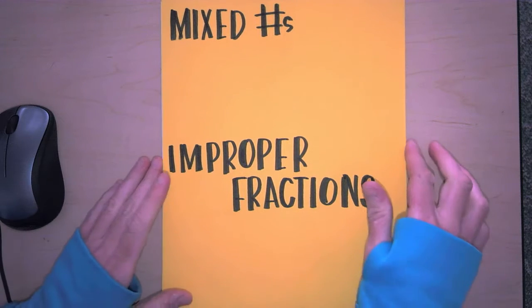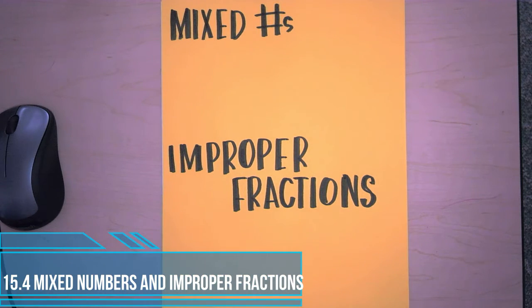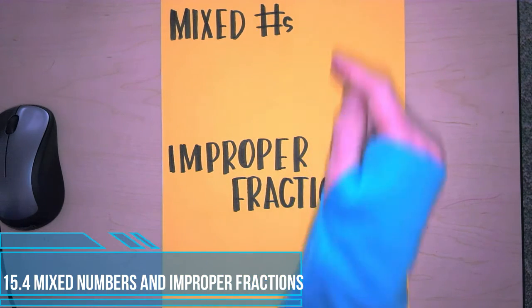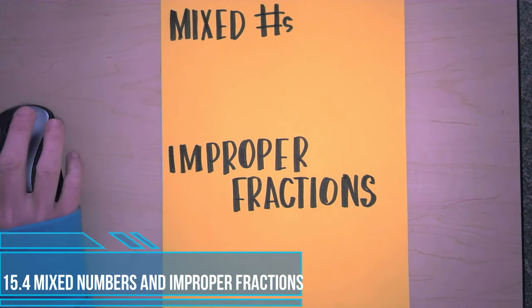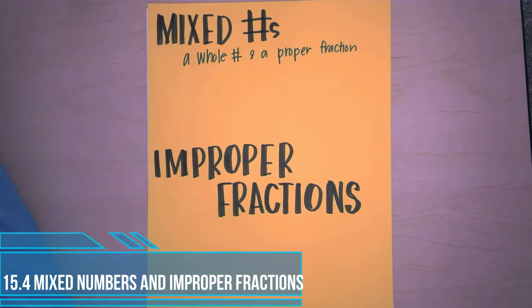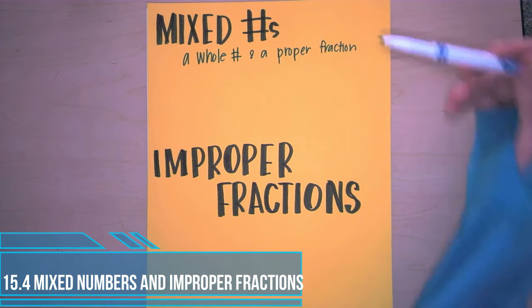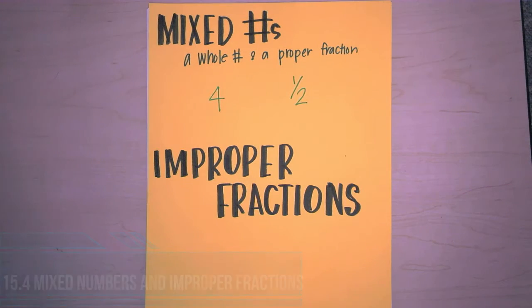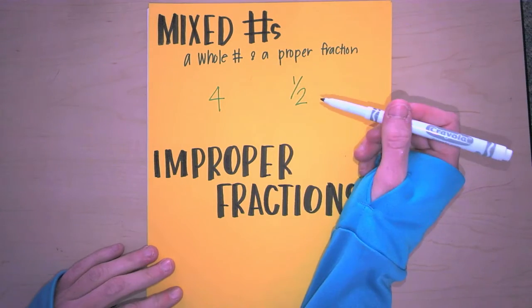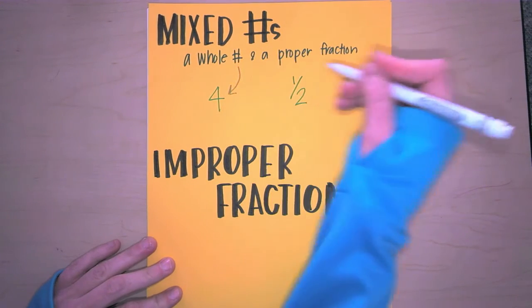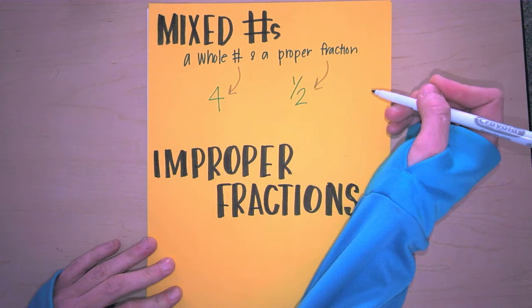Okay. So, before we jump into our packet, we are going to talk about mixed numbers and improper fractions. A mixed number has a whole number and a proper fraction. So 4 and 1/5. There's a whole number. There's a proper fraction.